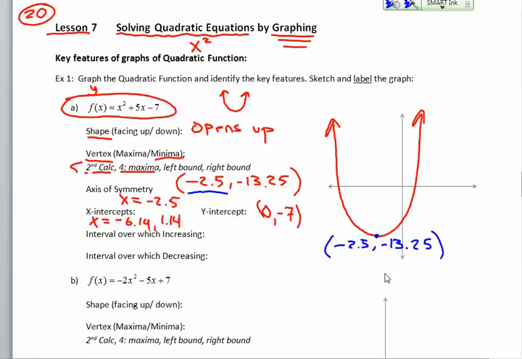I can label my x-intercepts, which are at... oh, my bad, I messed this up. The x-intercepts are at -6.14 and +1.14.